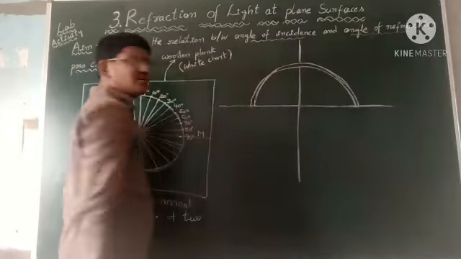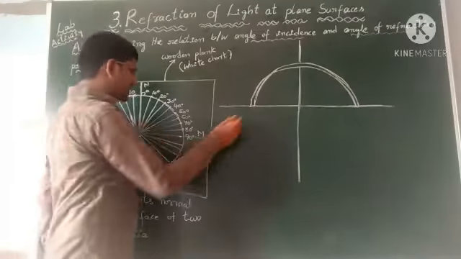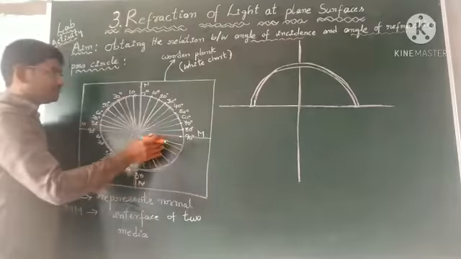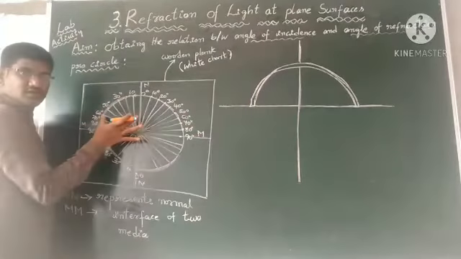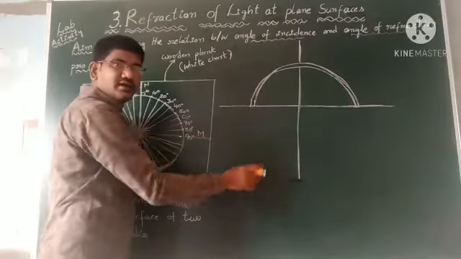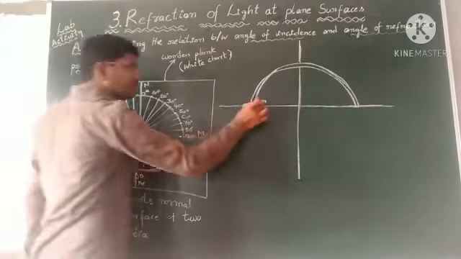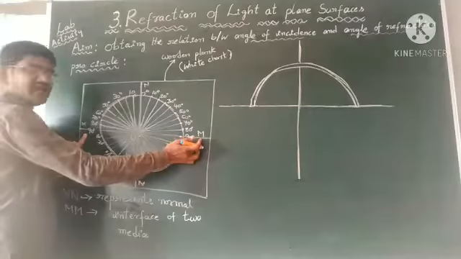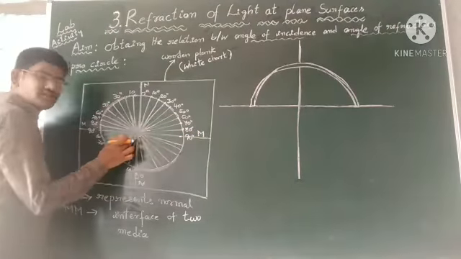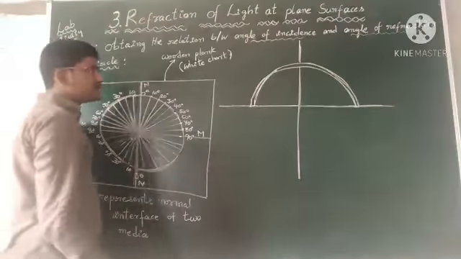So this is the semicircular glass slab, and keep the semicircular glass slab along the interface line MM. So this glass slab I am keeping here. For our clarity, the second diagram I am drawing, as given in the textbook also. The diameter of this semicircular glass slab coincides with the interface line MM, and its center coincides with O.